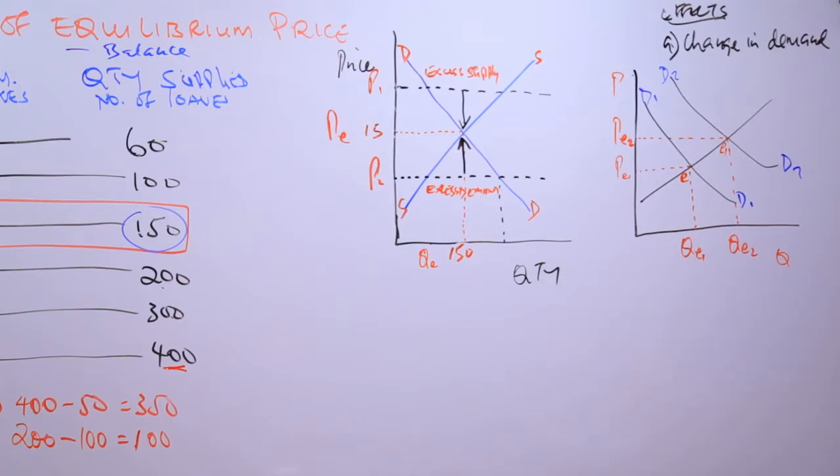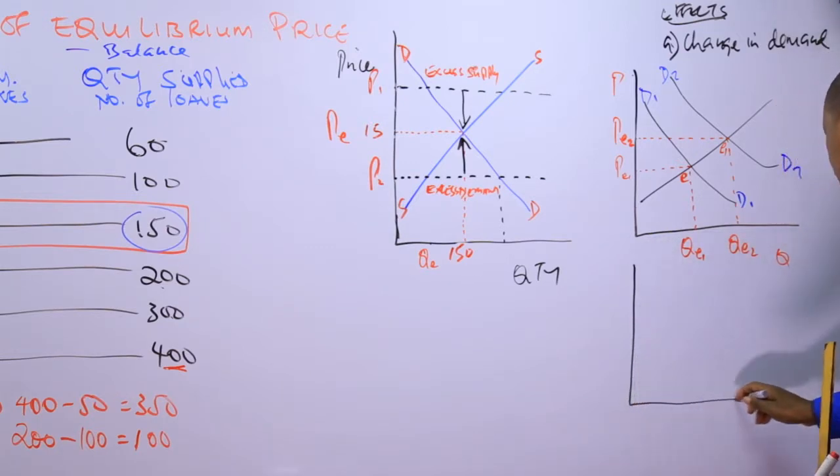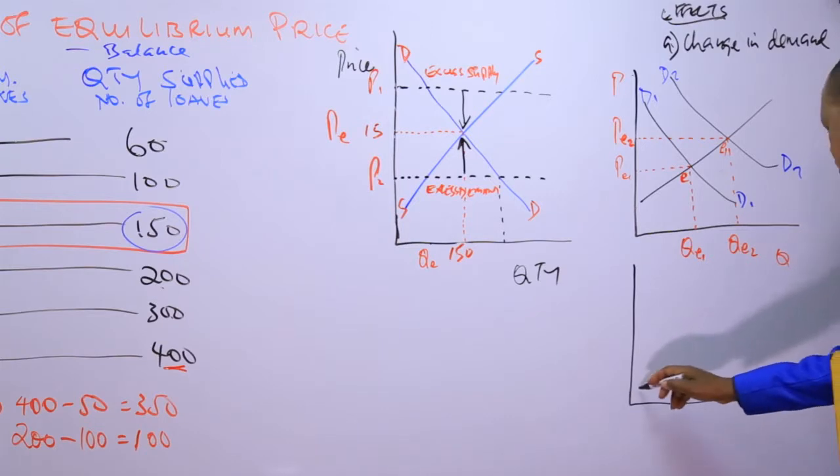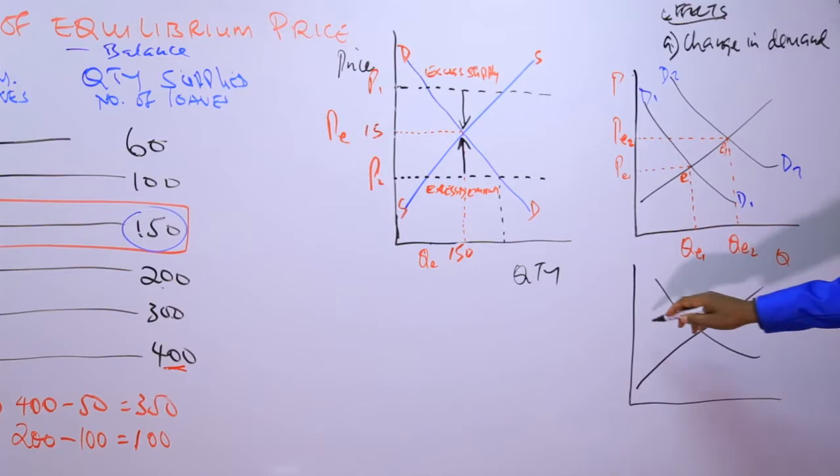Okay, so on that one we can also illustrate it. You should be able to understand this, because this is what we covered in our previous lesson. So this is D1, then D2.